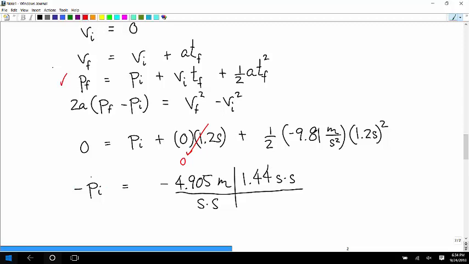You can multiply both sides by -1 and you get that PI is equal to positive of all this stuff. And so for PI, the seconds all cancel, and you get units of meters, which is good. That's what you want for a position. And you get a value of 7.06 meters.